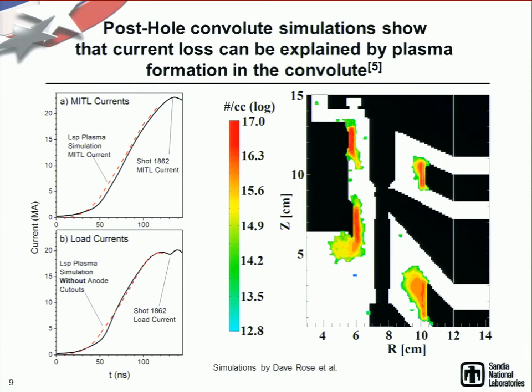And so what they learned with these simulations, which were originally done as particle-in-cell, just electromagnetic simulations that allow electrons to flow, is that if you don't include this plasma, you don't get the losses that they observe on Z. You get maybe 100 kiloamp loss, which is still 100,000 amps, that's kind of a lot, but it's not the 3 or 4 megaamp loss that they actually see on this shot on Z. Now, when they include these plasmas, they get the red dashed line here, which roughly follows the load current for this particular shot.